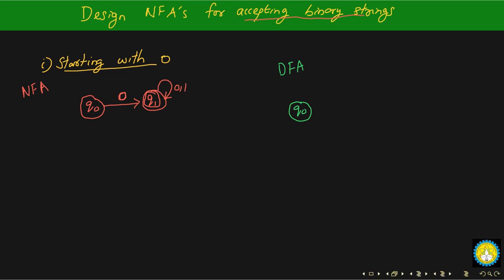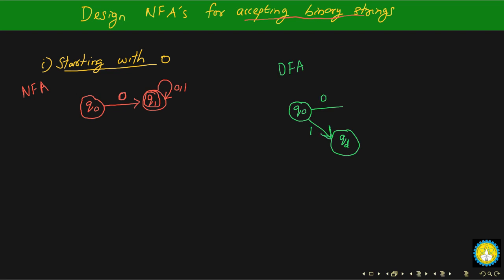Anyway, the DFA should never accept a 1 as an initial character. So upon getting a 1, it should go to a dead state. Let's say QD is a dead state. So if you get a 1, this goes to QD.